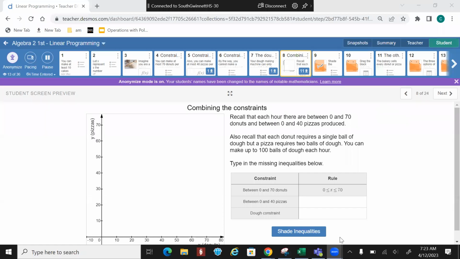All right, so looking at between 0 and 40 pizzas, how do I type that inequality? How do I type between 0 and 40? Well, what's going to be on my left-hand side? 0. Okay, and then I'm going to put that y in the middle, and then I'm going to put 40 on the other side, right?